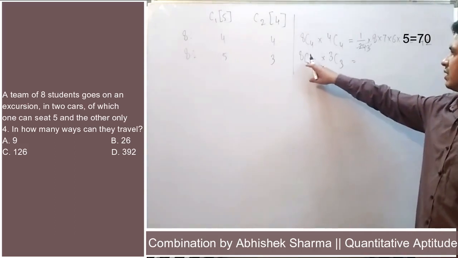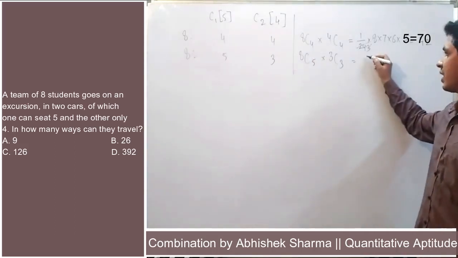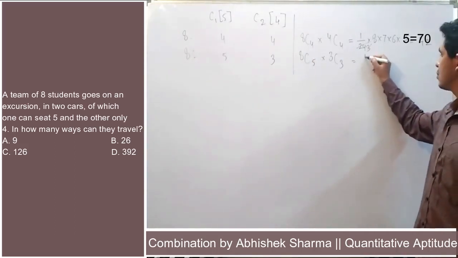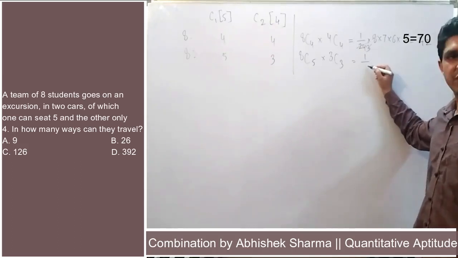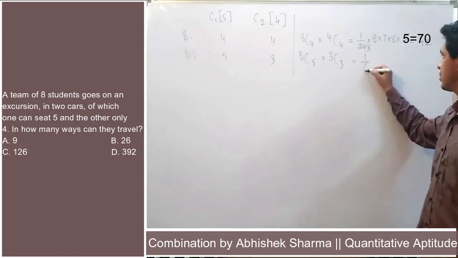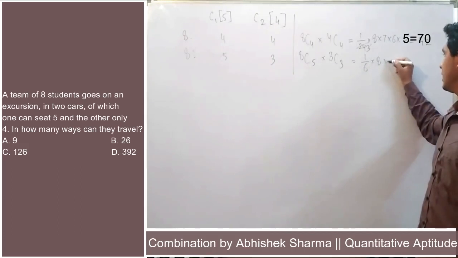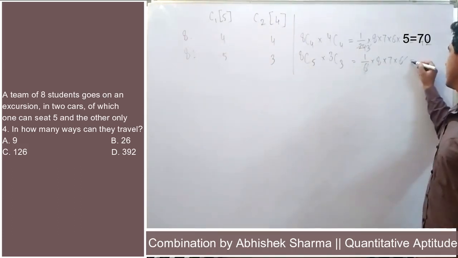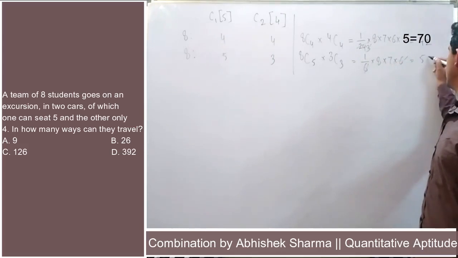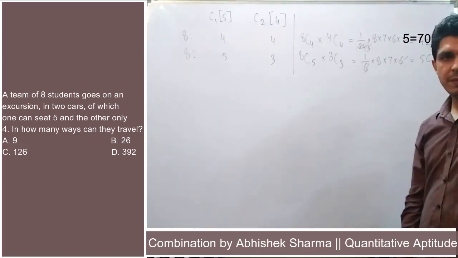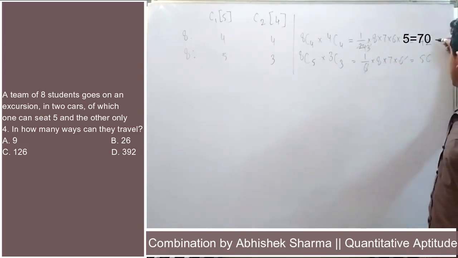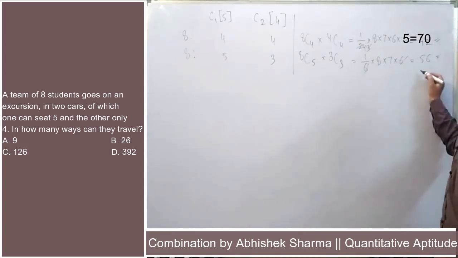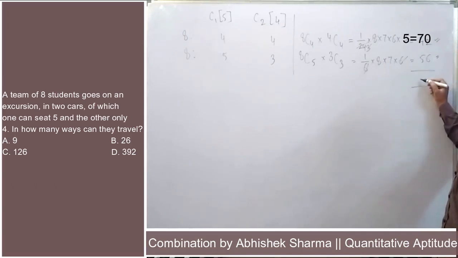Coming to this part, 8C5 will be equal to 8C3. Solving this, 1 by value of factorial 3, that is 6, multiplied by 8, multiplied by 7, multiplied by 6, we can cut 6 and 6, and 8 7s are 56, right? So either this condition is given or this condition is given, we can add, so our final answer will be 98.